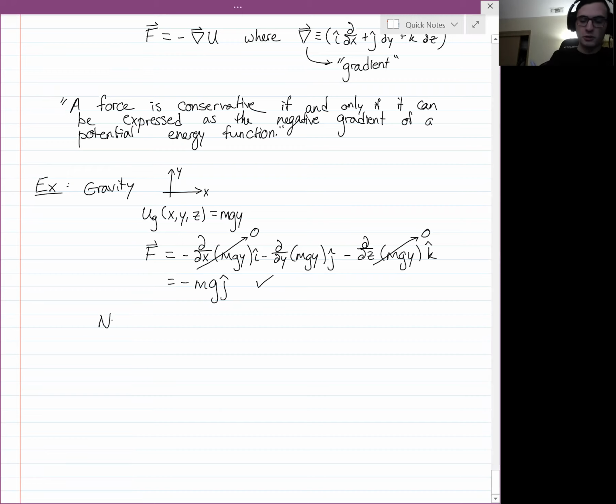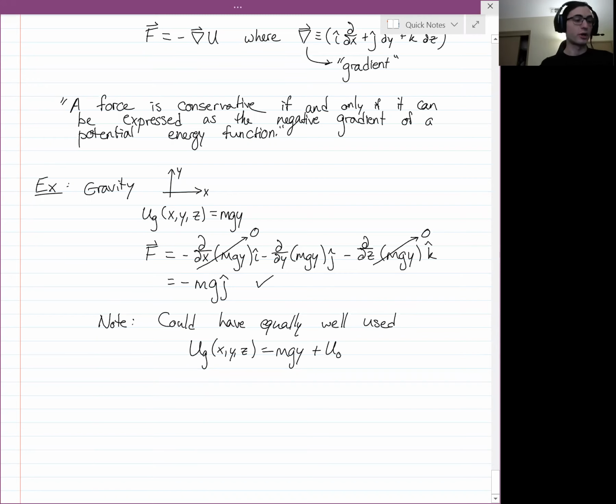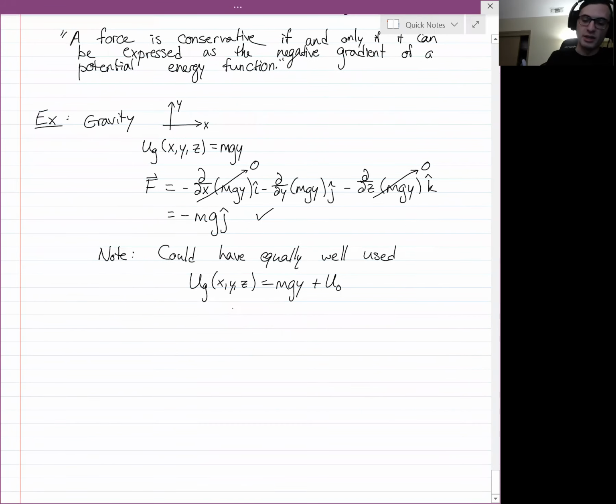Just a quick note. We could have equally well used a different potential energy function. We could have used U sub g of x, y, and z is mgy plus U naught, where U naught is just some arbitrary constant. And the reason for that is that the partial derivatives of U naught are all 0.